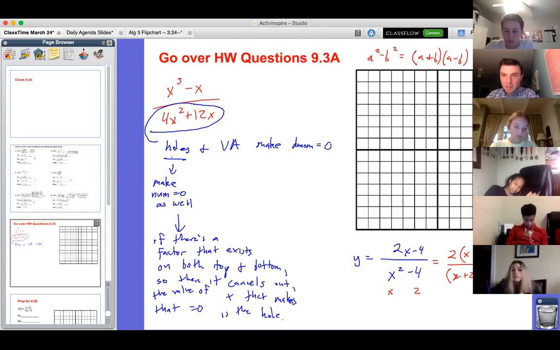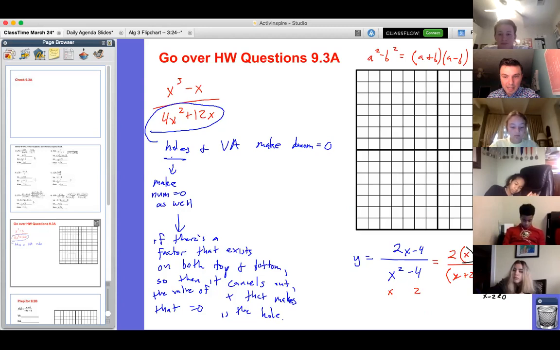So now you may be seeing it. Notice if there's a factor that exists on both top and bottom, like we got an x minus 2 here and an x minus 2 here, then it would cancel out. That still means that there's a hole at whatever would make this equal to 0.